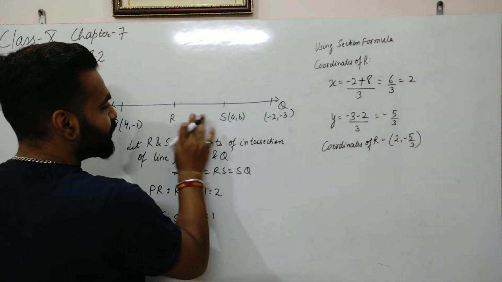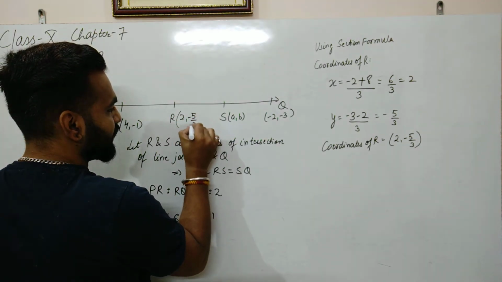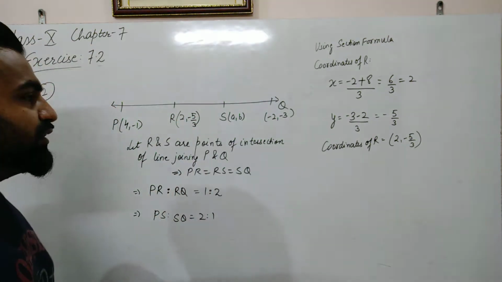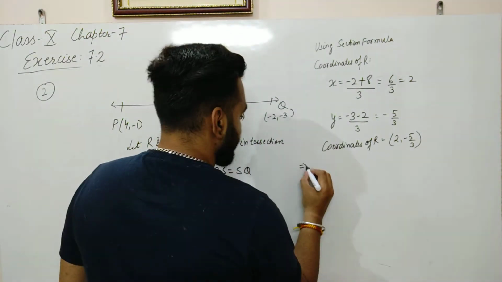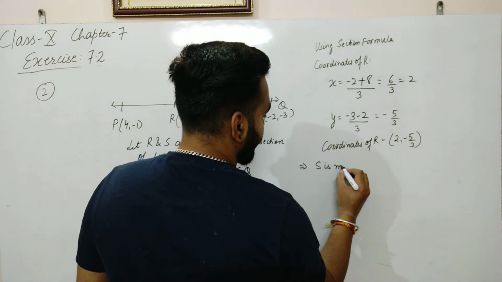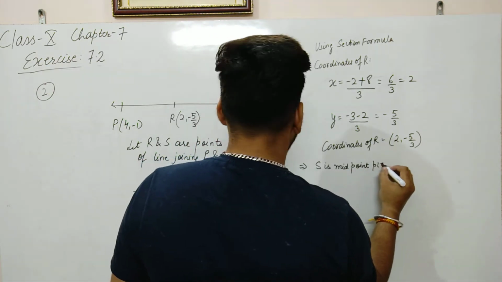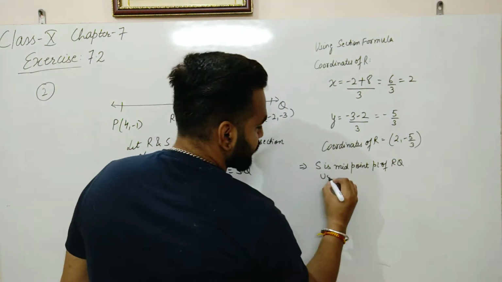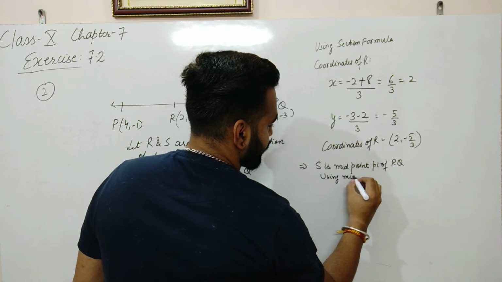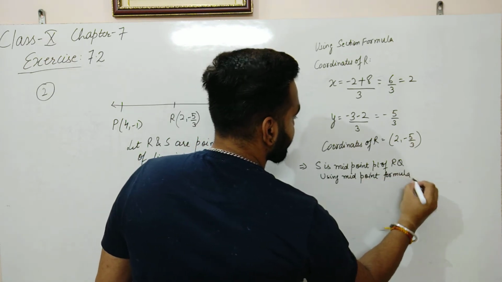So this R point is now 2, -5/3. Clear? So I am doing it by midpoint formula. So write S is midpoint of RQ. So using midpoint formula, what was midpoint formula?